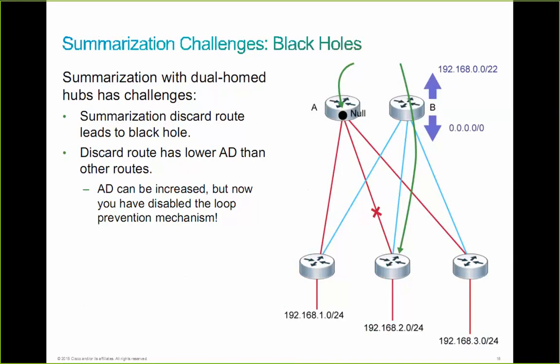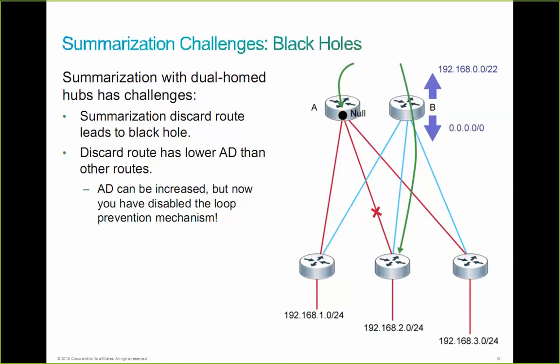The null zero route is a less specific route than the routes that it represents that are part of that summary, right? I didn't say that very well, but let's say I have 10 /24 subnets, and I want to summarize those 10 /24 subnets. I can't just summarize those 10 /24 subnets. I have to summarize a block of 16, right?